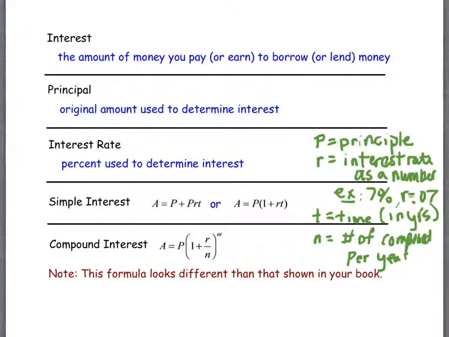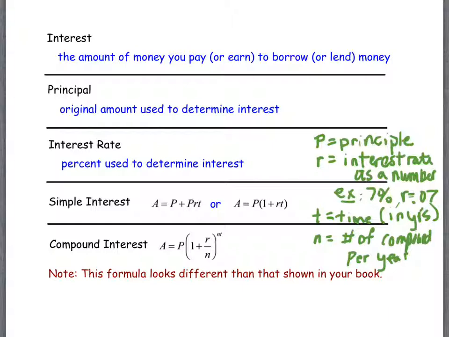If it said compounded annually, that's 1. Semi-annually, that's 2. You see those for sales, right? Semi-annual sales. Occasionally you could see something compounded daily. 365. We're going to round to 365. We're not going to worry about that extra quarter day business.